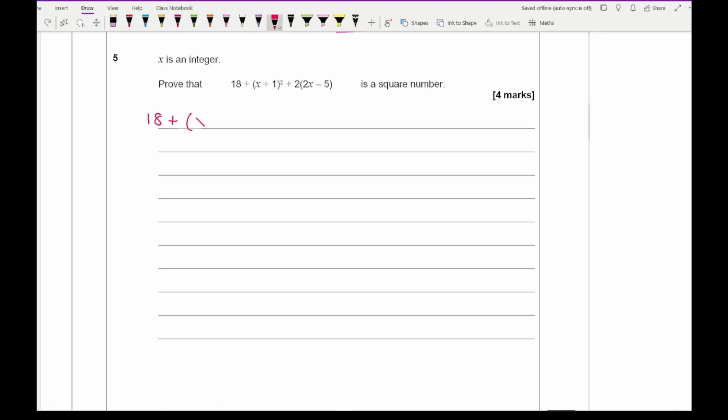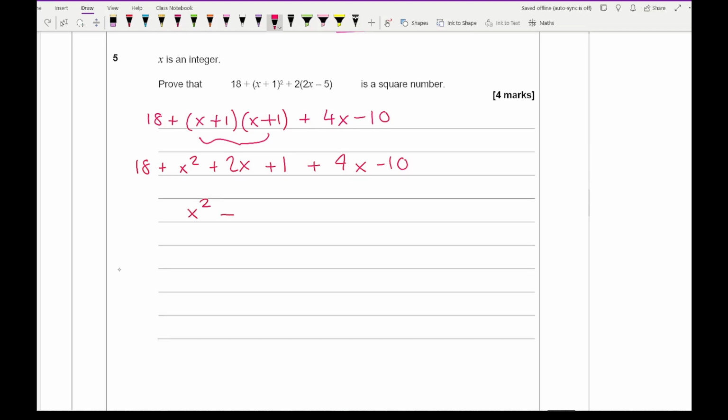So I've got 18 and I've got (x plus 1) squared, which is (x plus 1)(x plus 1), plus 2 lots of (2x minus 5), and that's going to give me 4x minus 10. So then expanding this out, I get 18 plus x squared plus 2x plus 1 plus 4x minus 10. Collecting all those like terms together, I get x squared plus 6x plus 9.